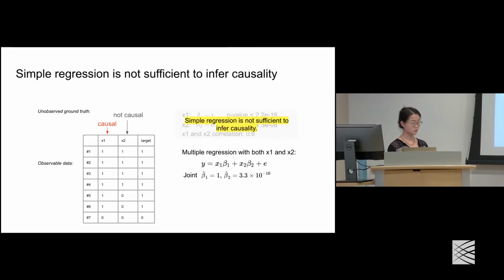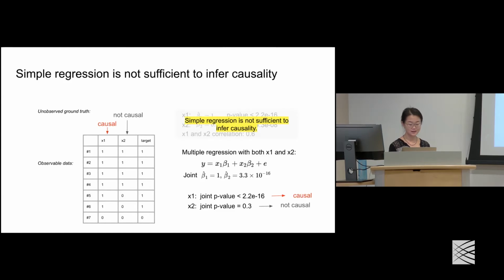I did run this linear regression in Python. And if you now compute the joint p-value, x1 is still very significant. It's too significant for my computer to display exactly what it is. x2 has lost all its significance. So now you can conclude that x1 is causal, x2 is not causal.